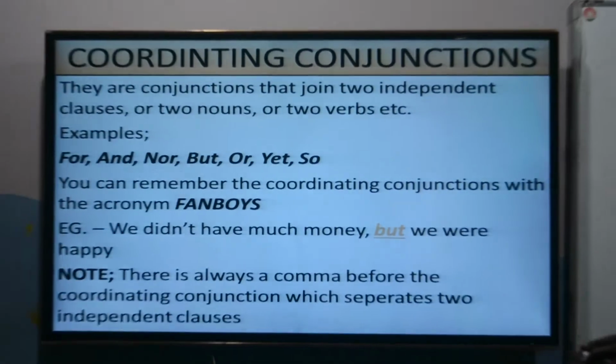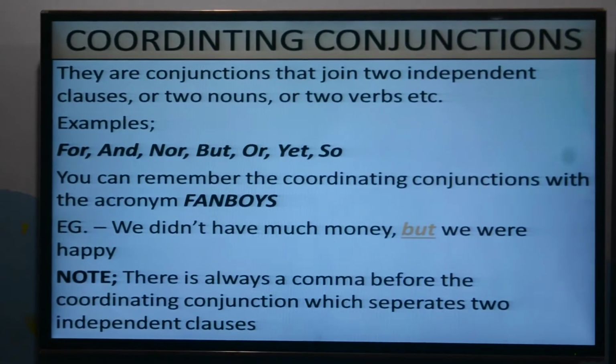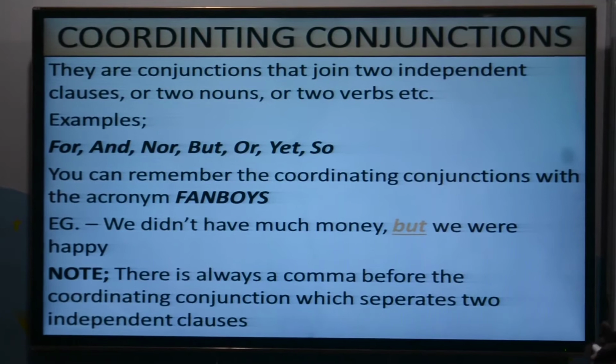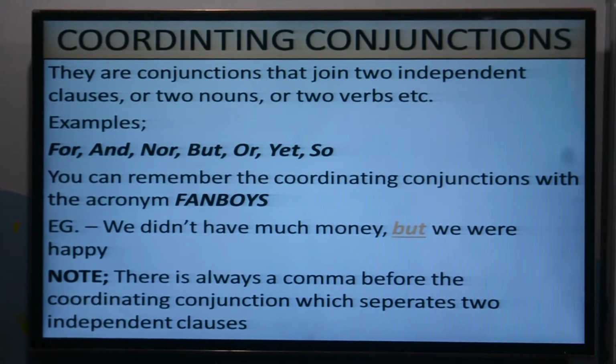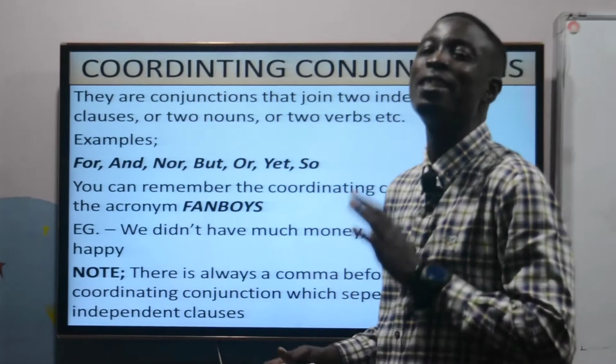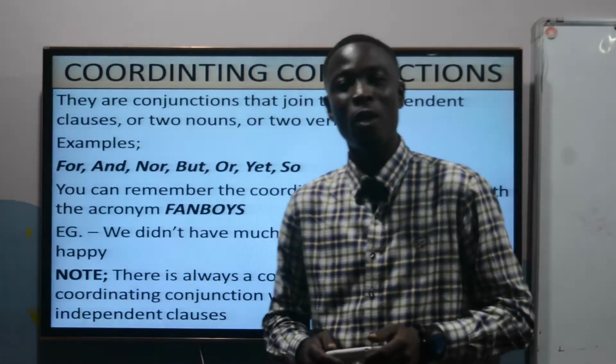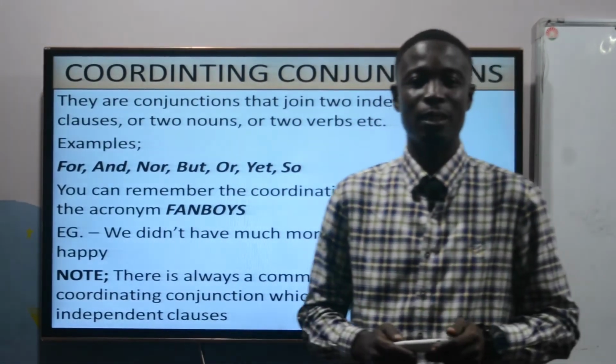So they are conjunctions that join two independent clauses, or two nouns, or two verbs, etc. And for examples of coordinating conjunctions, we have mainly 7.